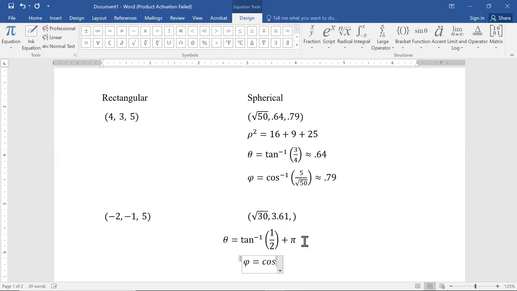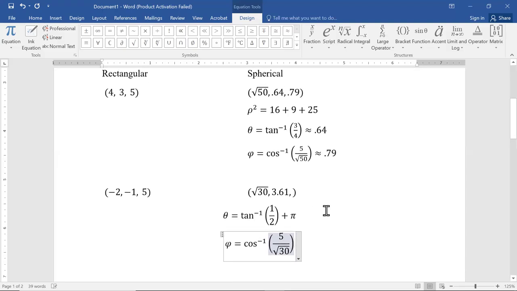I just have to take the cosine inverse of z divided by rho. So that is cosine inverse of 5 over the square root of 30, which gives me approximately 0.42.